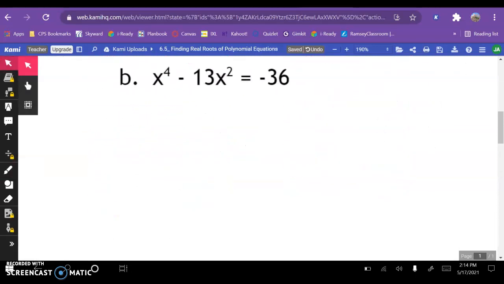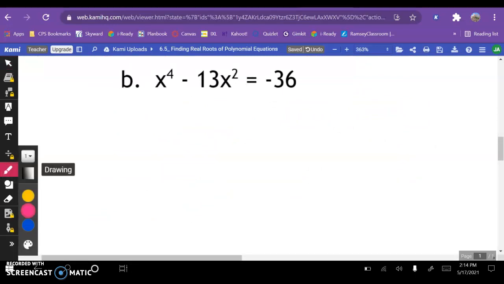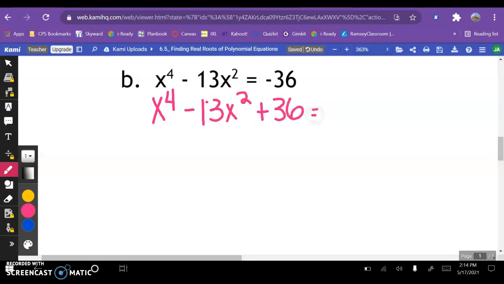For this example, we have to make it equal to 0 first. So I'm going to add 36 to both sides. So I'm going to have x to the 4th minus 13x squared plus 36 equals 0. And again, I notice that this looks like a perfect square, so I can do x squared times x squared is x to the 4th.